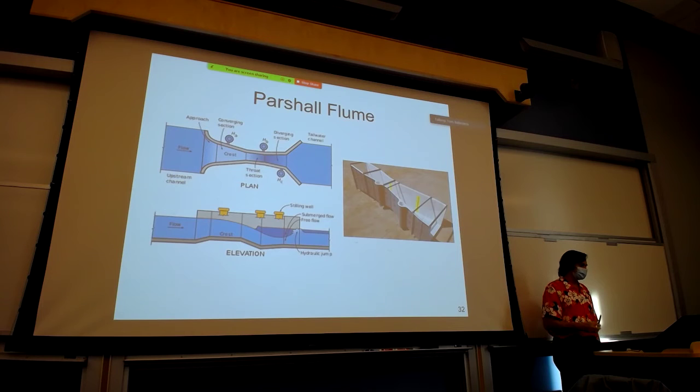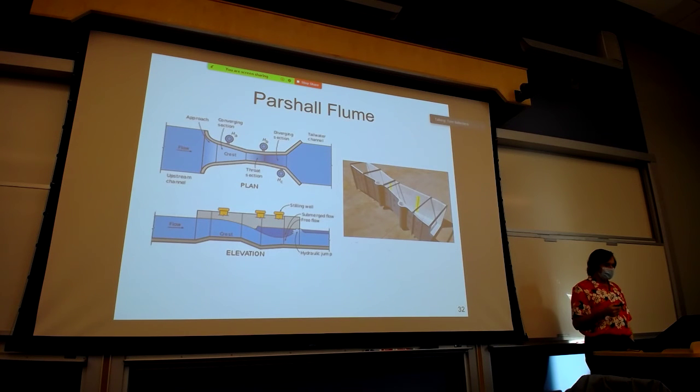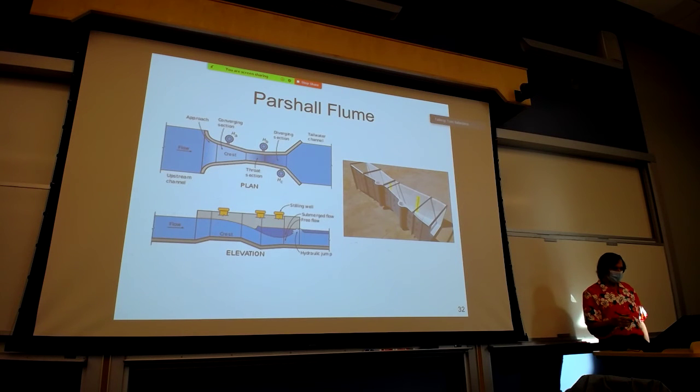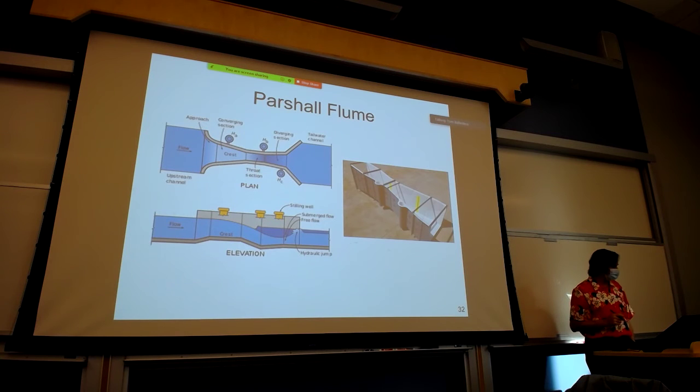So that takes us to the last few slides for the semester. Parshall flume is something you will see again next semester. They'll be talking about them, so you should at least be familiar with them. The Parshall flume is named after Ralph Parshall, who was a professor at Colorado State University, and built the initial prototypes for these, and they caught on like wildfire.